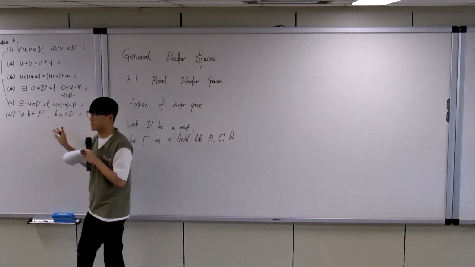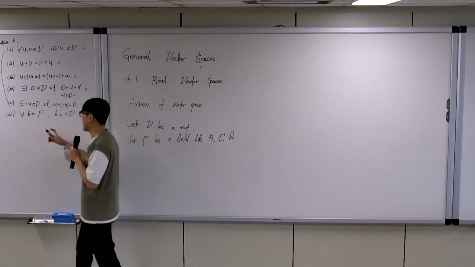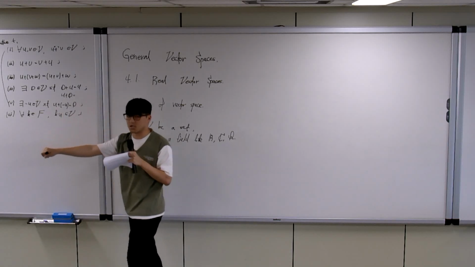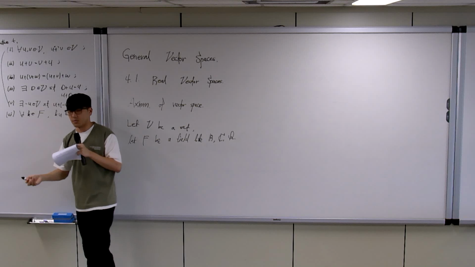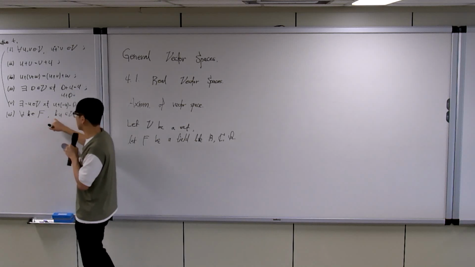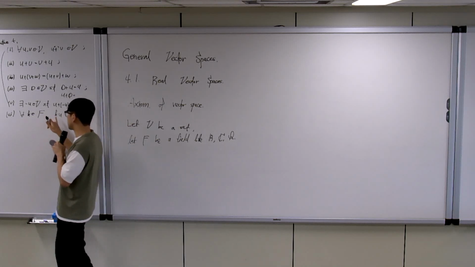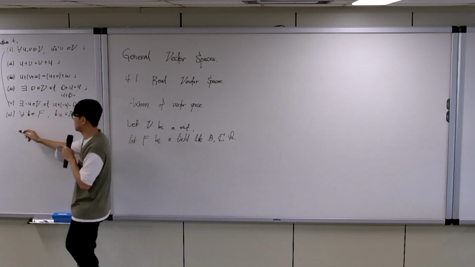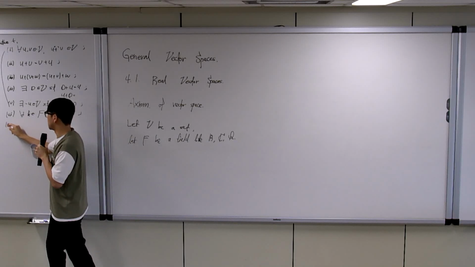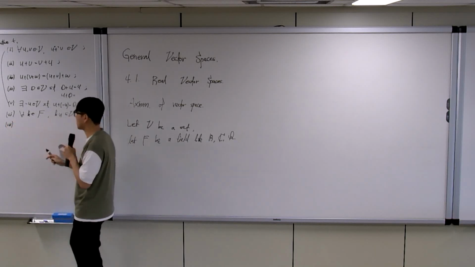It is also sometimes stated by defining the scalar multiplication as a binary function. In this case, we need one scalar and one vector.